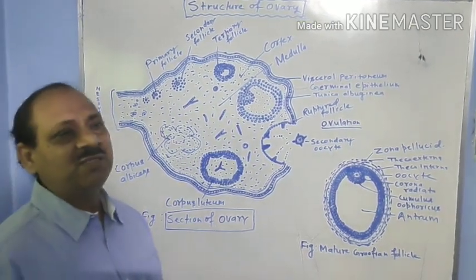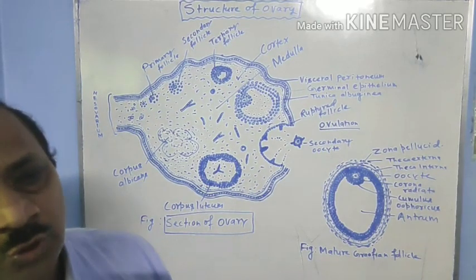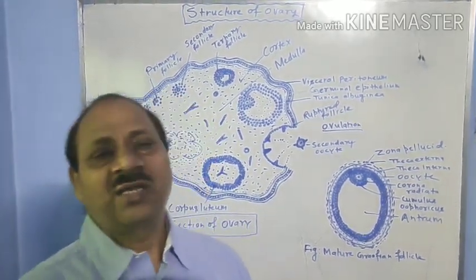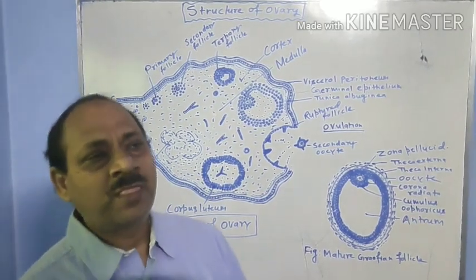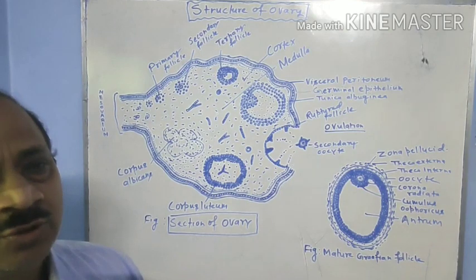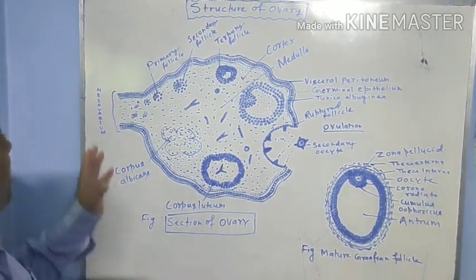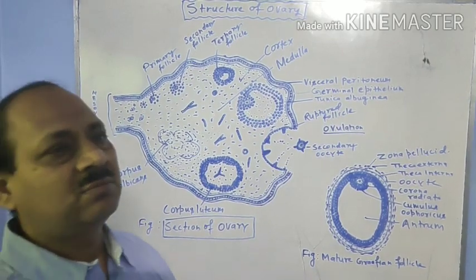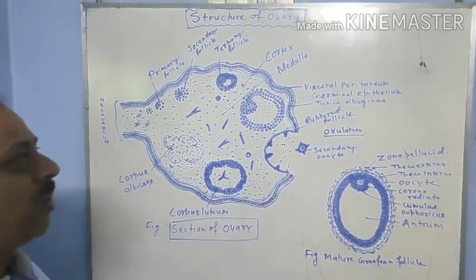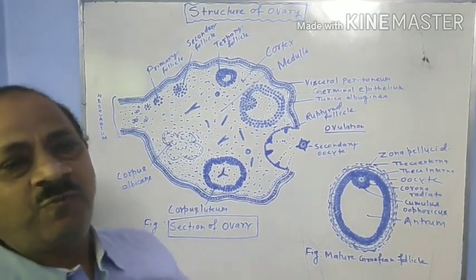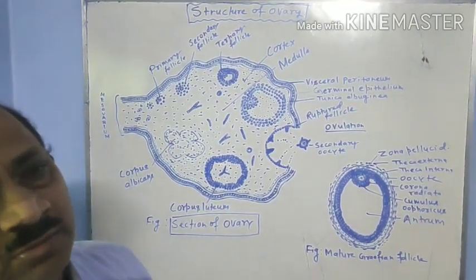Primary follicles are formed during the fetal condition when female child is developing in the uterus. After birth, no primary follicles are formed or added. In fetal condition, about 4 lakhs primary follicles are formed.